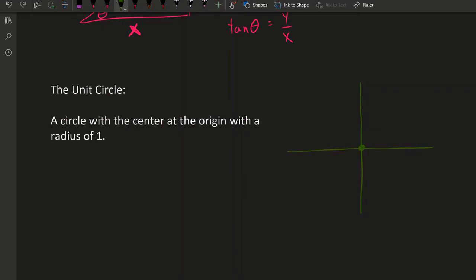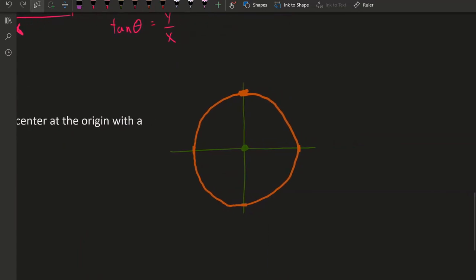Here's the center at 0, 0, and then I'm going to have here's 1, here's 1, here's 1, and here's 1. And I'm just going to have a circle that connects all of those 1s. We'll just make it a little thicker right there.